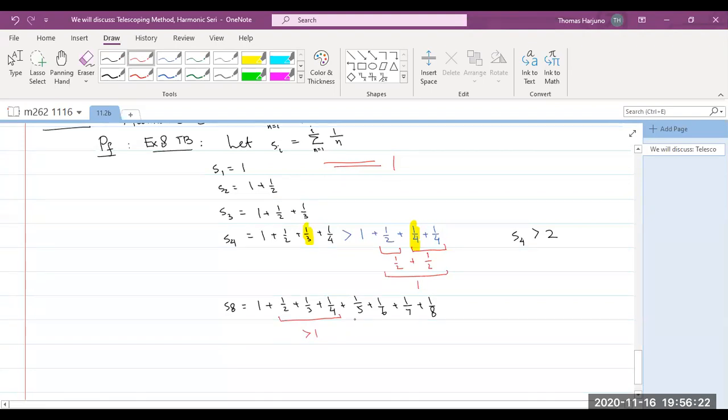And this is actually greater than 1 plus that 1, this one that we have here, plus 1/8 plus 1/8 plus 1/8 plus 1/8.